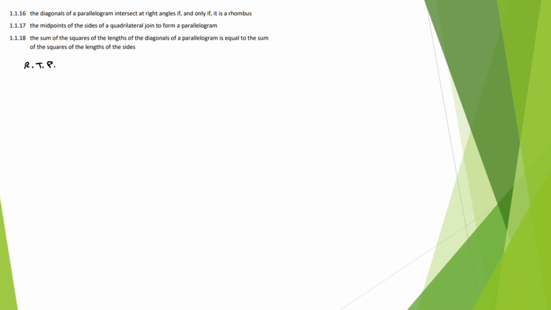If I am writing out my proof, I always need to start with a required to prove statement. So the diagonals of a parallelogram intersect at right angles. We can write that as perpendicular. And then the if and only if implies an equivalent statement.